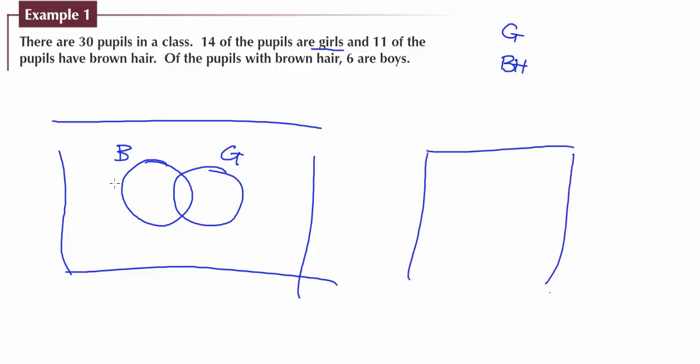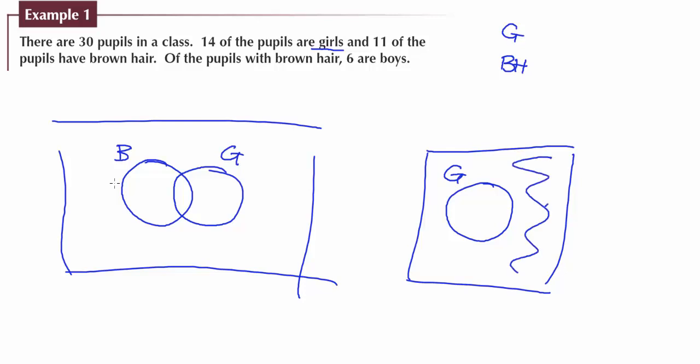By just having girl, everything inside here is girl, and everything outside here, which is not girl, is another way of saying boy. A lot of people think, oh, there are girls, so I need one for B and one for G. Well, essentially what you're saying here is this area is everyone who's a boy, but not a girl.